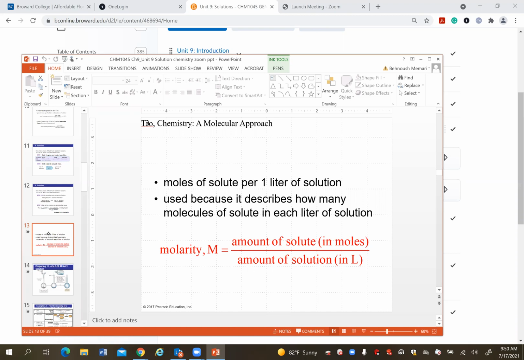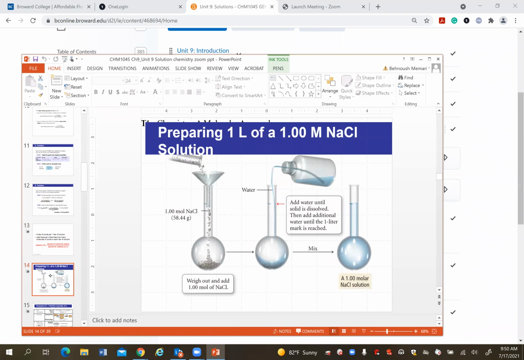And because we want to make the solution, the volume of the solution includes the volume of the solute and the solvent. First, we are going to do the calculation on paper. How much do we need? If we need 1 mole, we are making 1 molar.